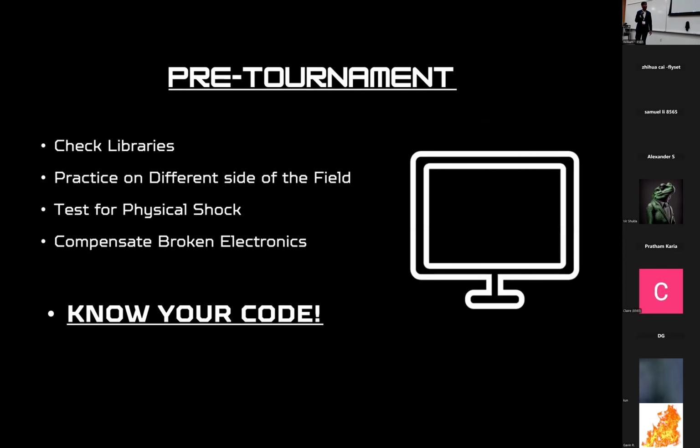So firstly, to have a setup where you can solve problems on the fly, you have to be prepared before the tournament. Basically, check all libraries and code that you don't really know. It's pretty self-explanatory, but know your code, because if you're running code that you really don't know and it breaks, you don't know how to fix it.